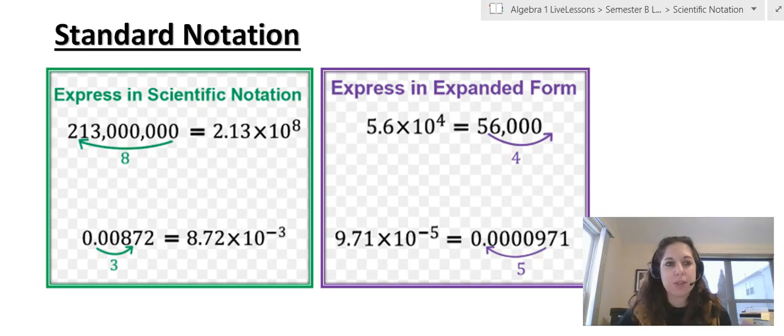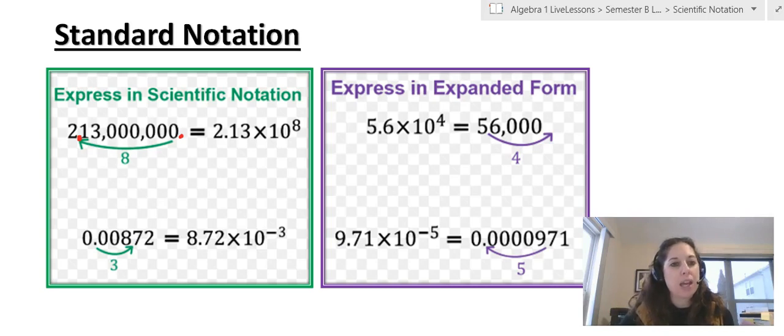That's a lot of zeros. So wherever your decimal is, we then need to change this number to be between 1 and 10. So I'm going to put it right here between the 2 and the 1. I'm not going to put it between the 1 and the 3 because that would give me 21.